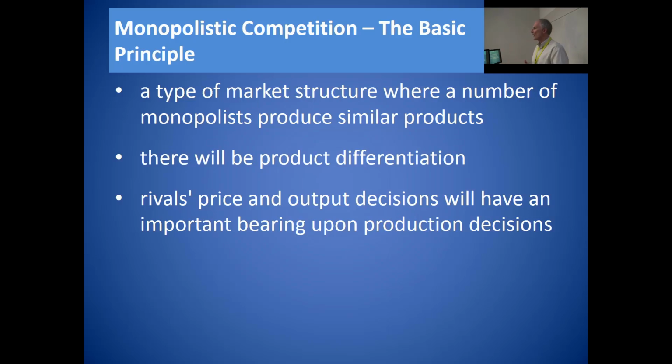But within a monopolistically competitive market, the price and output decisions of rivals are crucial. And as the number of rivals increases, or as the number of products gets larger and larger, or smaller and smaller, these interrelationships will change. We've already talked about, at the beginning of today's lecture, perfect competition.